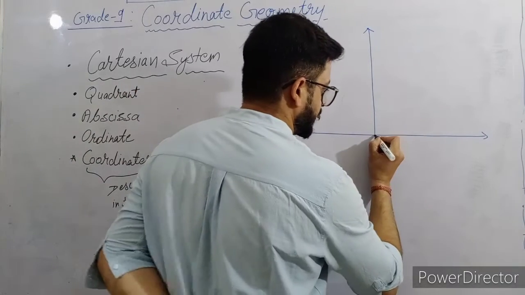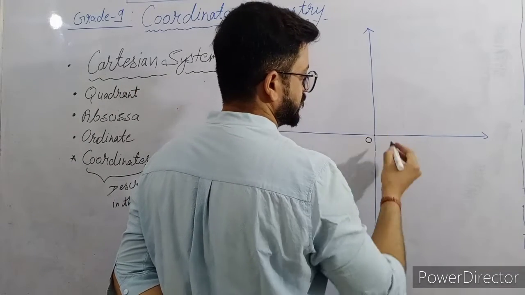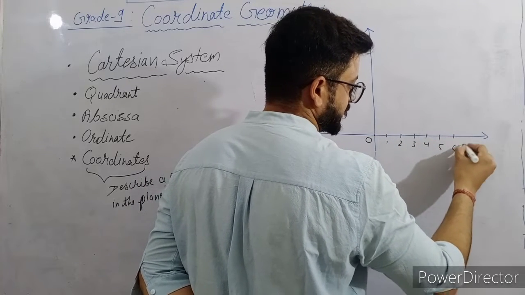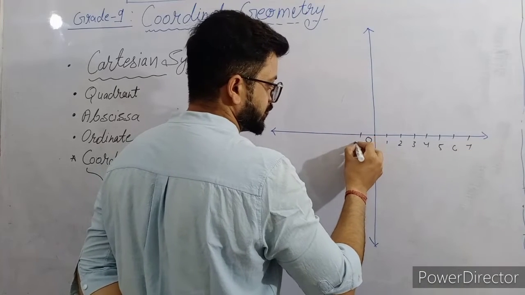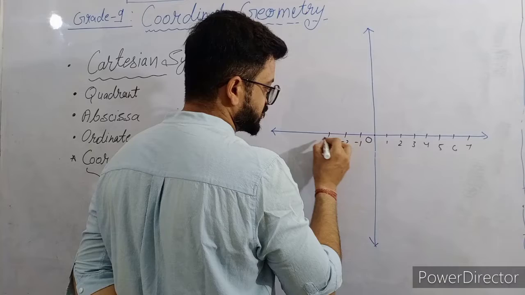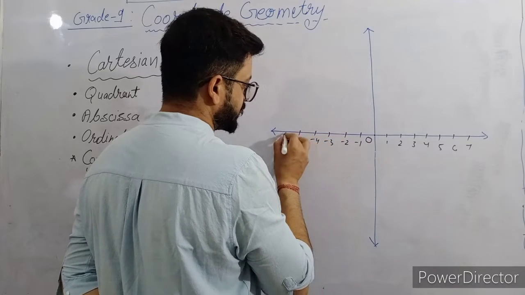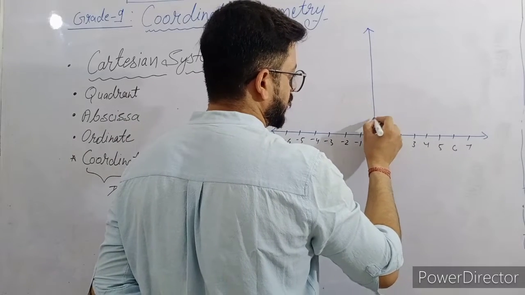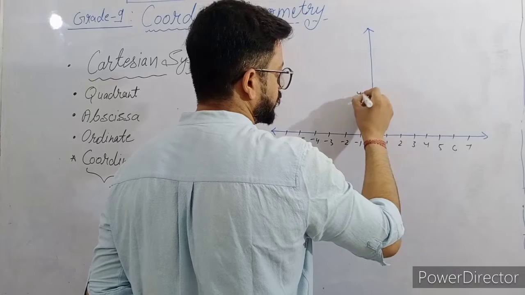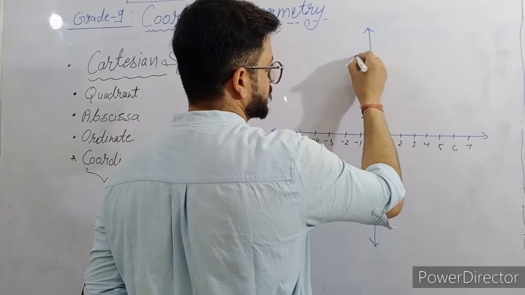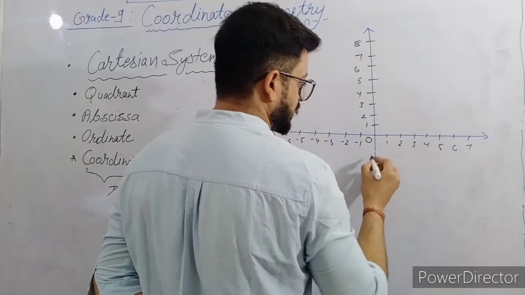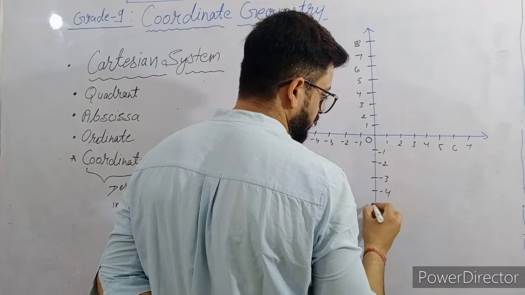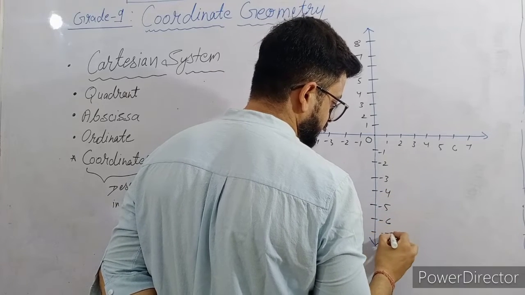This part is the origin. On this side 1, 2, 3, 4, 5, 6, 7, and -1, -2, -3, -4, -5, -6. On the vertical line 1, 2, 3, up to 8, and then -1, -2, -3, up to -7.